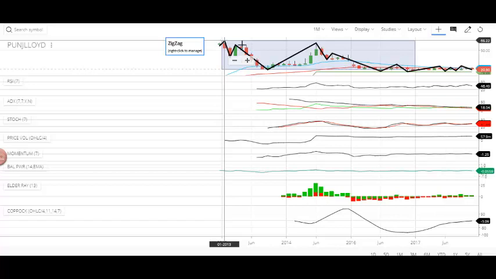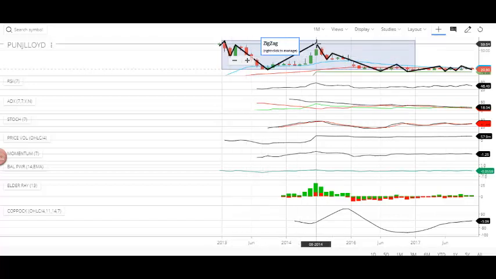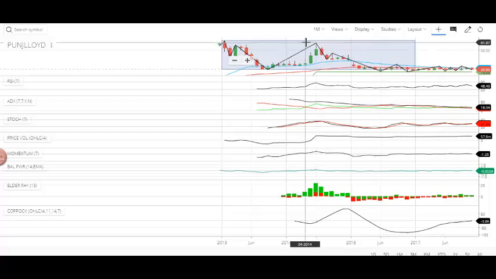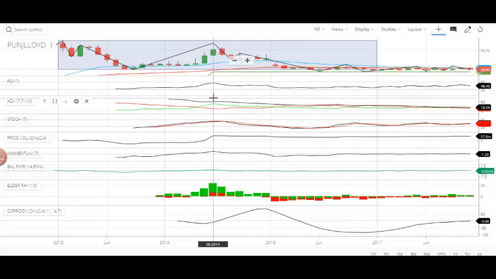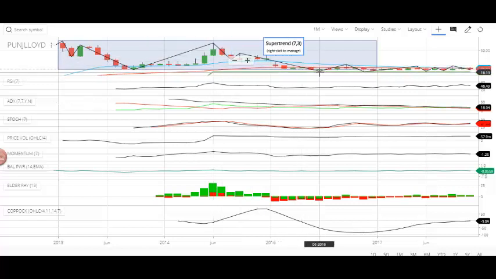After that it made one more attempt to reach that level, but unfortunately it couldn't, and it went up to 61 instead of 65. That was the last attempt from the stock, and after that it crashed down, and when it crashed in June 2016, the stock was trading at 16 rupees.